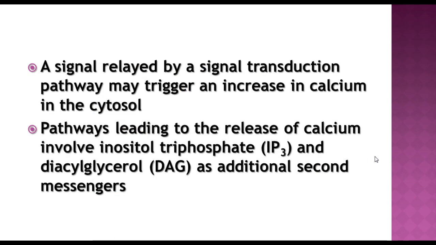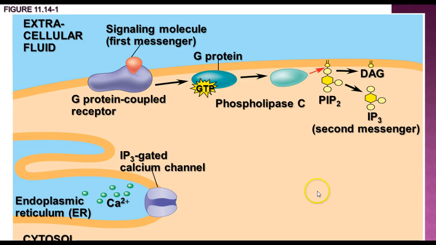Pathways that lead to this involve a couple of different molecules called inositol triphosphate, or IP3, and diacylglycerol, or DAG, as additional second messengers. So here we see another response to the signaling messenger. A G protein activates an enzyme, phospholipase, which changes PIP2 to DAG and IP3, which are second messengers.